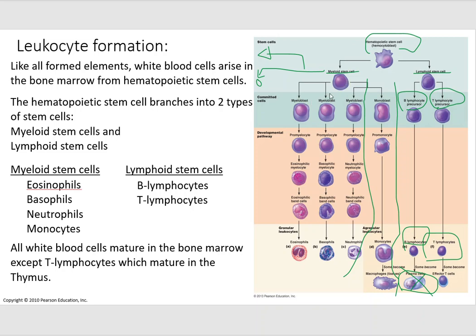So the myeloid stem cell gives rise to a myeloblast, promyelocyte, and then the eosinophilic or the basophilic or the neutrophilic myelocyte. And then the next stage, these guys are called band cells. Those are kind of important because on the labs, we especially are interested in band cells.